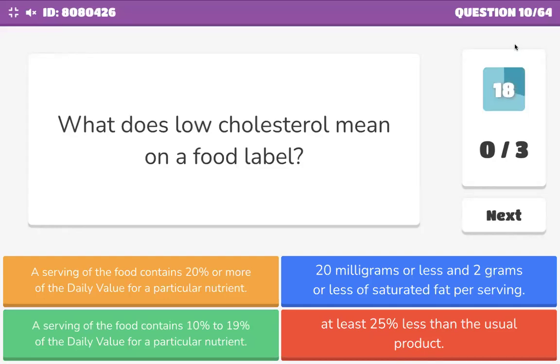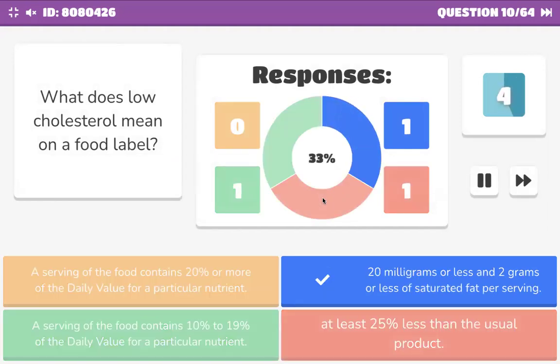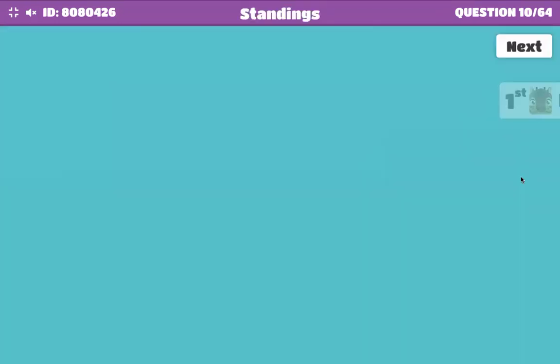What does low cholesterol mean on a food label? 20 milligrams or less cholesterol and 2 grams or less of saturated fat per serving.